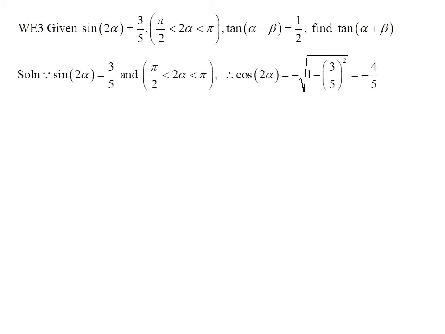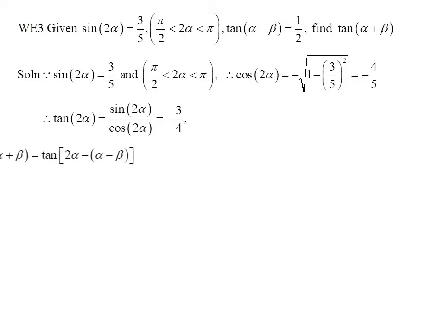According to the given criteria and the Pythagorean identity relation, cosine 2alpha equals negative square root of (1 minus sine squared 2alpha), which equals negative 4 over 5. Hence, tangent 2alpha equals the ratio of sine 2alpha to cosine 2alpha, which is negative 3 over 4.